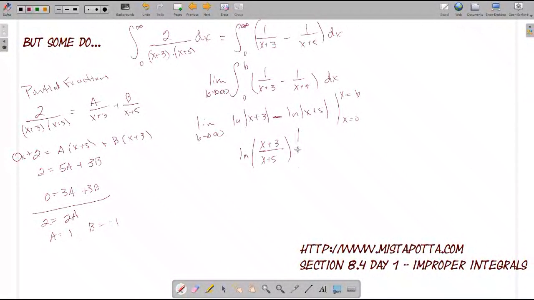So I'm going to evaluate this from x equals 0 to x equals b, and then take the limit as b increases without bound.